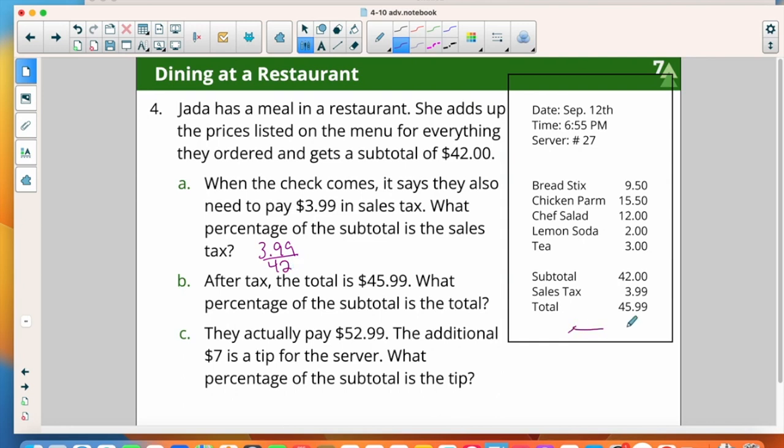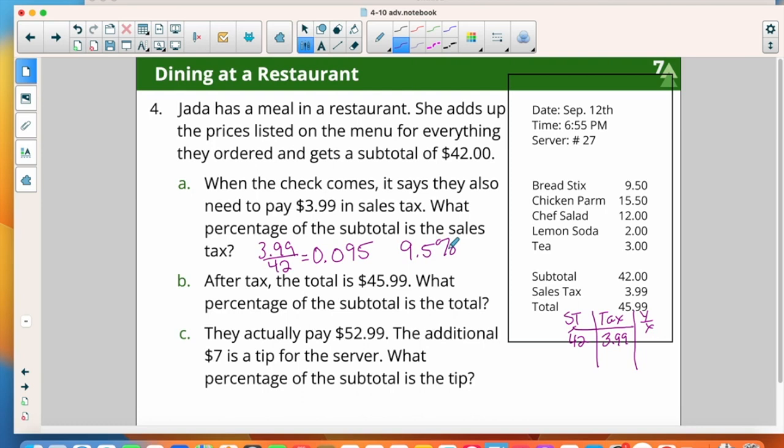If you want to put it in a table, we have our subtotal and our tax. Subtotal is 42, tax is $3.99. Constant proportionality, y divided by x, so $3.99 divided by 42, and that gives us 0.095, which is 9.5% sales tax.